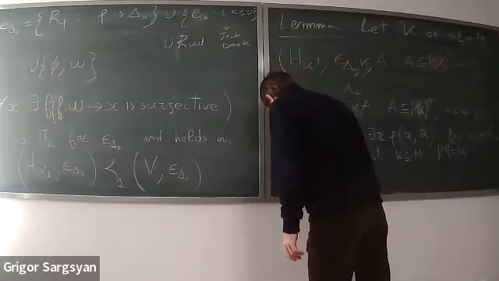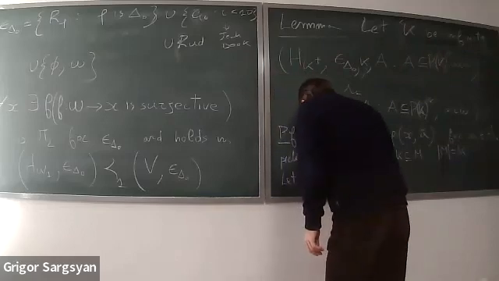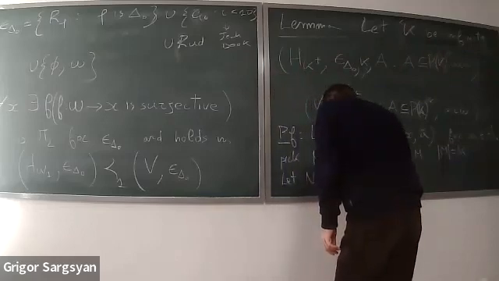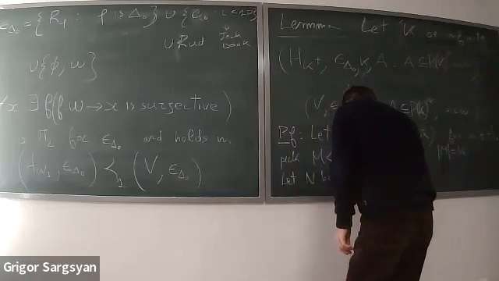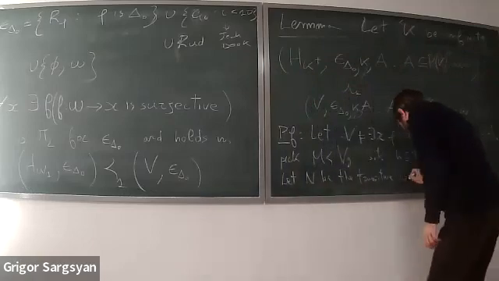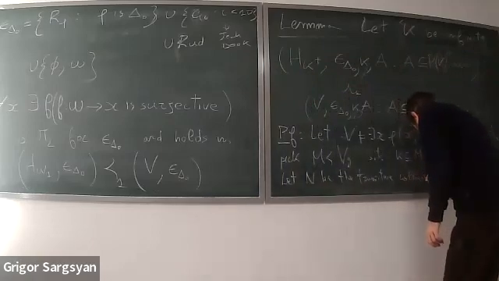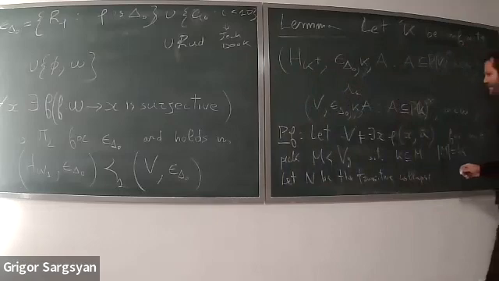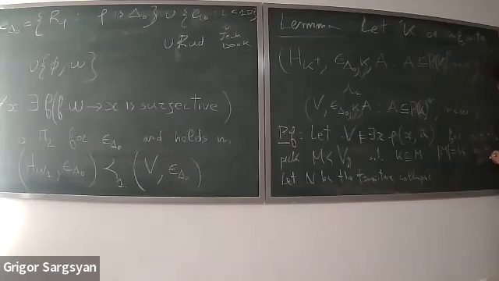Let N be the transitive collapse, and A belongs to M, such that P B A also holds.